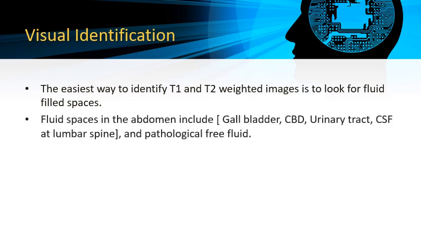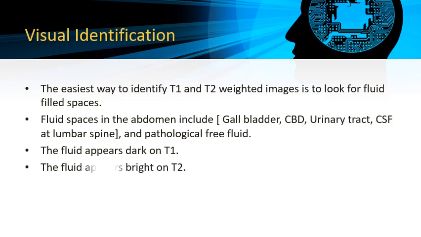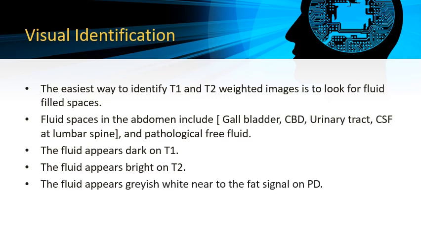For example, the fluid-filled spaces include the gallbladder, urinary tract, common bile duct, or CSF in the lumbar spine, or even pathological free fluid like ascites or collection. The characteristic signal of the fluid is dark on T1 and bright on T2, while on proton density it will be intermediate, like grayish-white near to the fat signal, as we will discuss later.